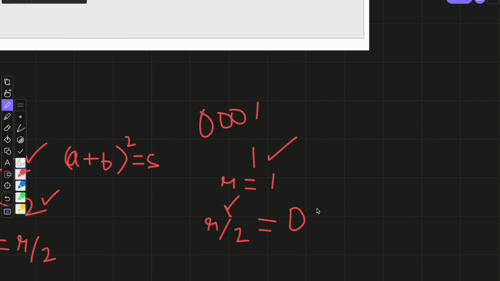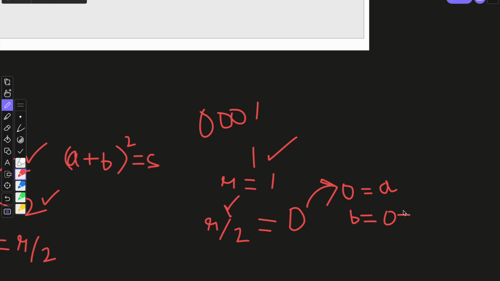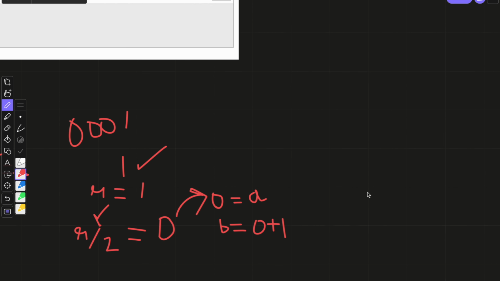So a is 0 and b is 0 plus 1. You can say that for all odd numbers it works.